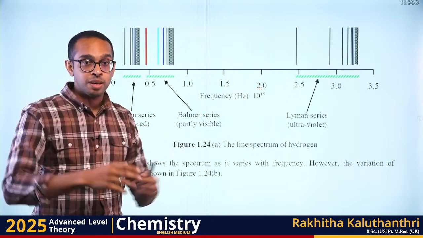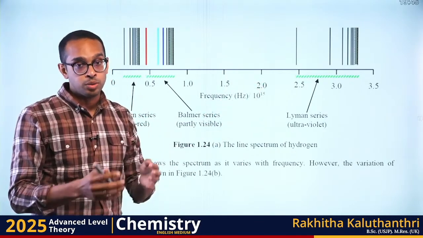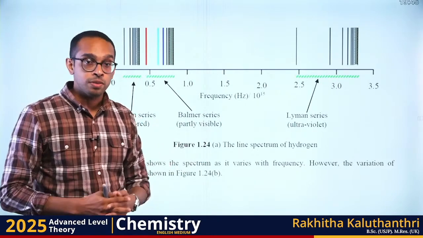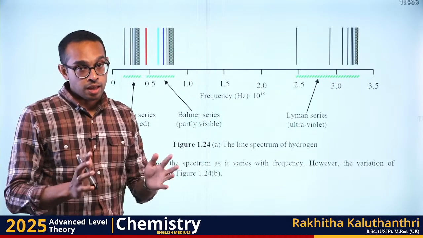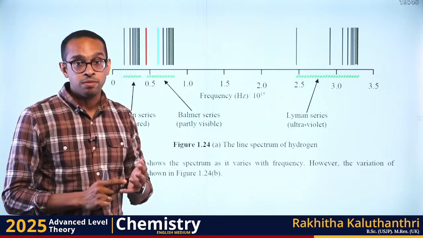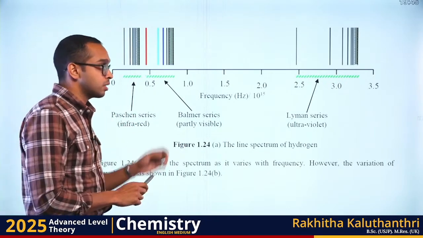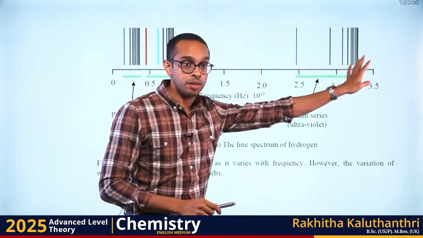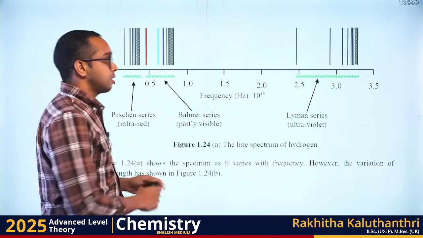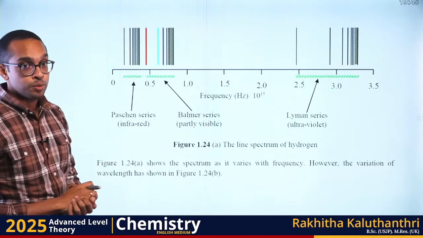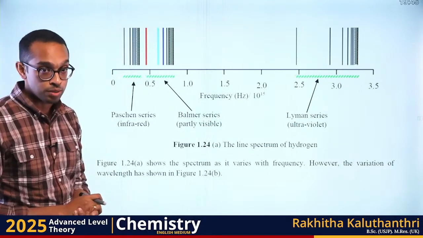This electromagnetic radiation, based on what kind of electron transitions took place, will release different amounts of energy, and these different amounts of energy will have different frequencies. If you take a look at all of those frequencies and draw them on a scale like this, you're going to get a graph like this, which we now call hydrogen's emission spectrum.